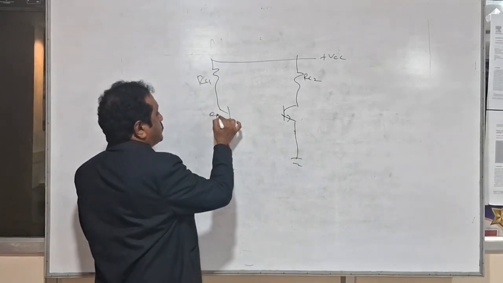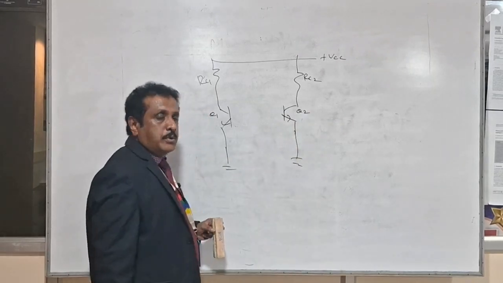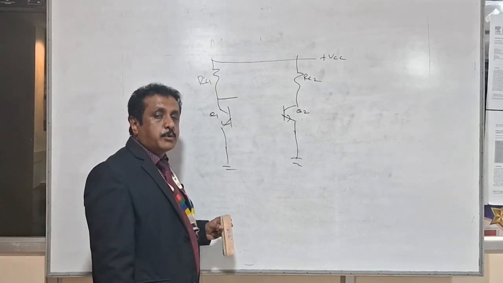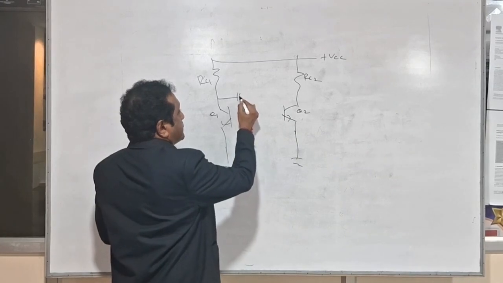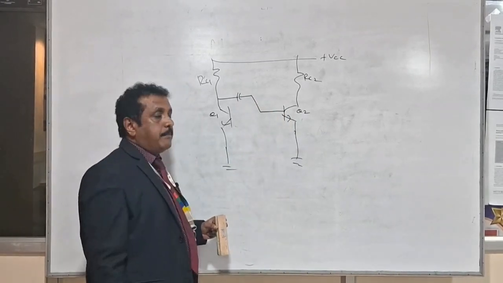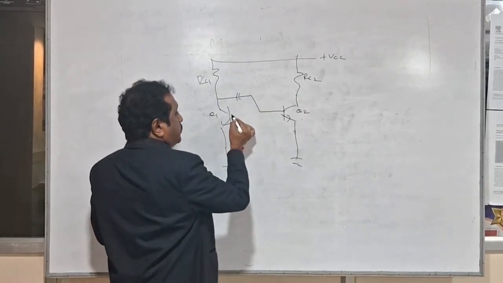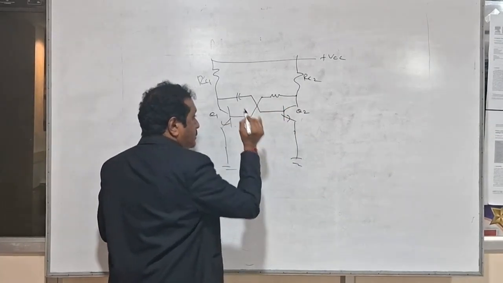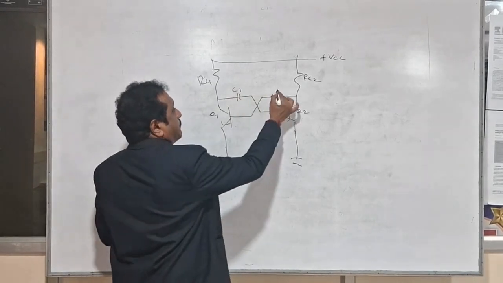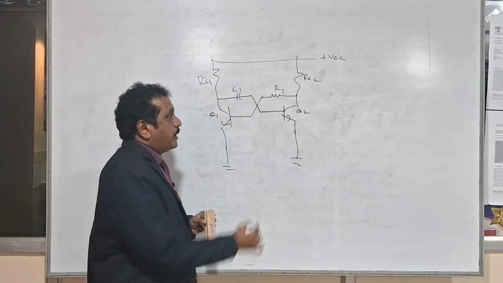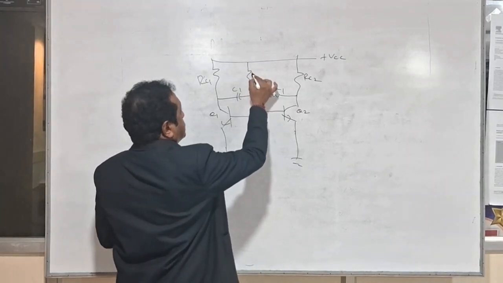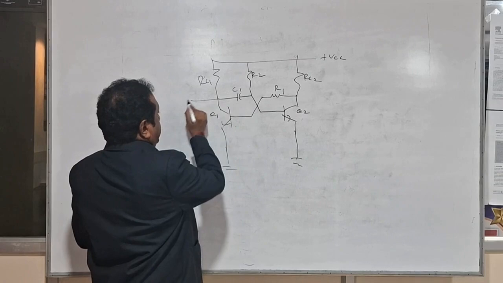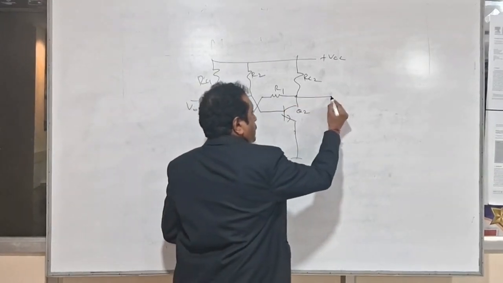The output of Q1 is connected to the base of Q2 through a coupling capacitor C1. At the same time, the output of Q2 is connected to the input of Q1 through the coupling resistor R1. That's why here we use resistive and capacitive coupling. We also have resistor R2. The output will be taken from the collector of Q1 or the collector of Q2.